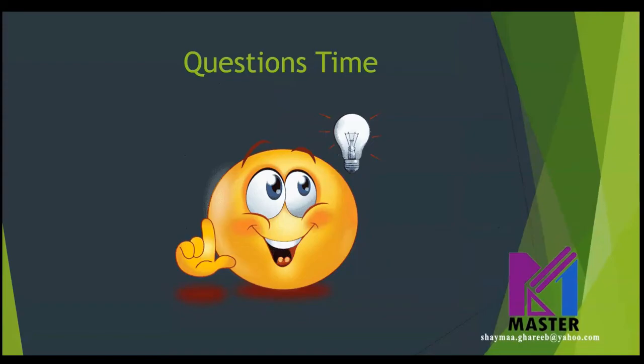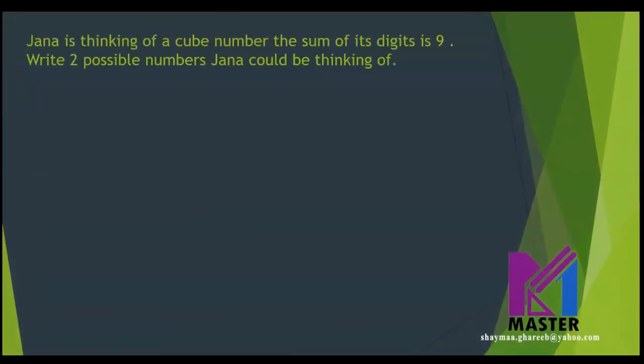Are you ready? The first question: Jana is thinking of a cube number. The sum of its digits is 9. Write 2 possible numbers Jana could be thinking of. So, what's the meaning of sum? Sum means total, the total of the digits. So, which of the cube numbers we talked about has a sum of digits equal to 9?